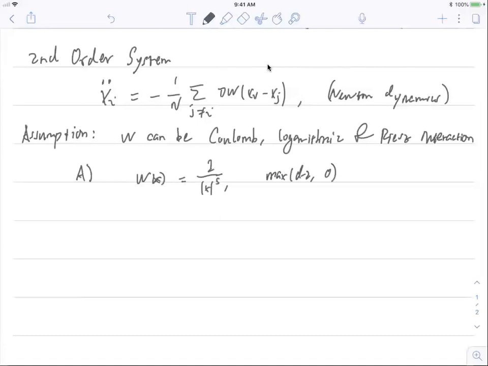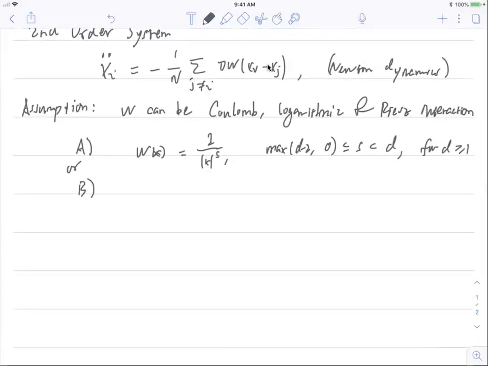So s is bigger than or equal to d minus 1 and less than d. Or case two, omega(x) is just a logarithmic potential. But to make this potential singular, we let d equal 1 or 2. So these are the potentials.